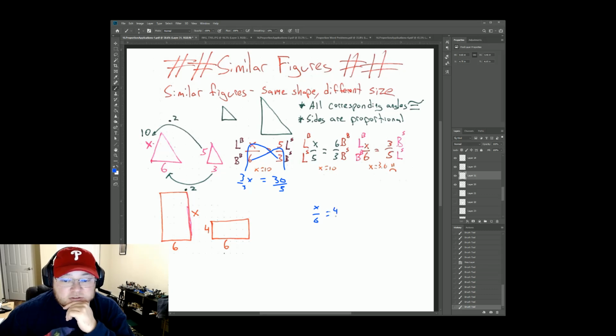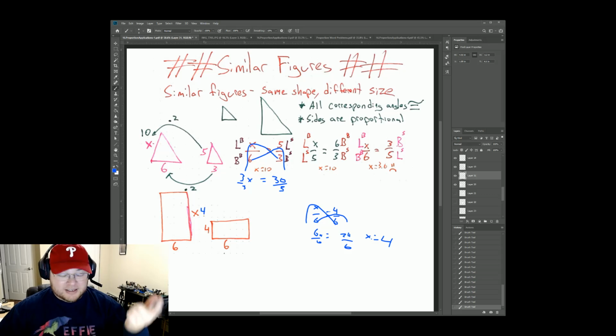If we cross multiply this, we get 24 and 6x. We would solve it by dividing by 6. And we get x equals 4.